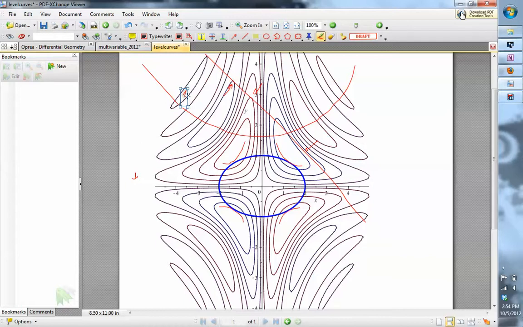So we've got the gradient here. Let's put one in here. This guy has gradients sticking out all around, perpendicular. And this guy has gradients all around.